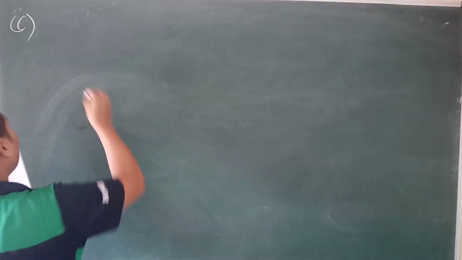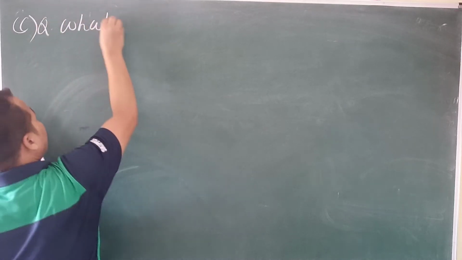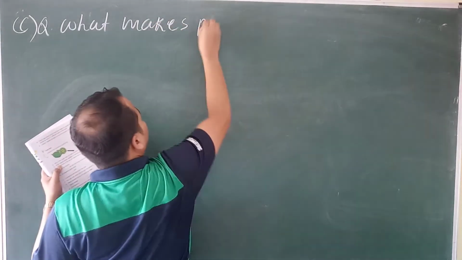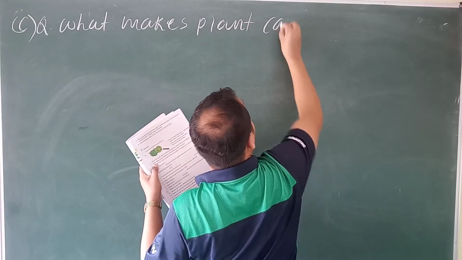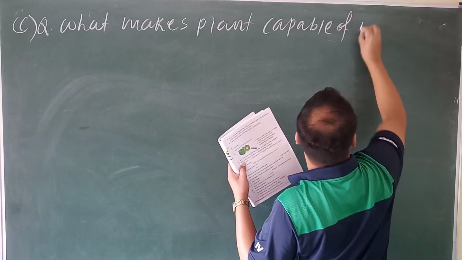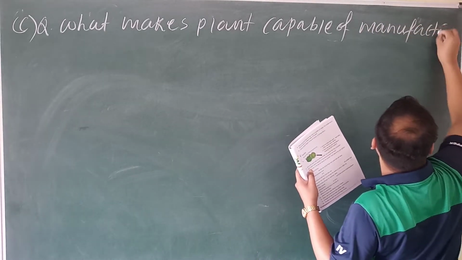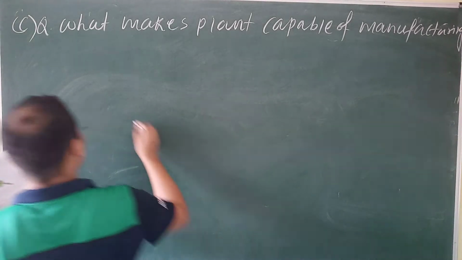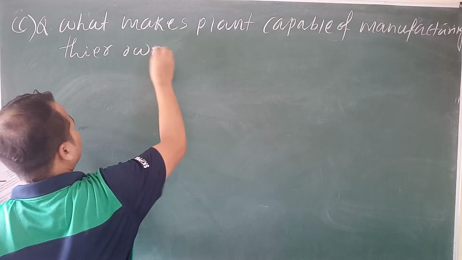Question number C. What makes plants capable of manufacturing their own food?